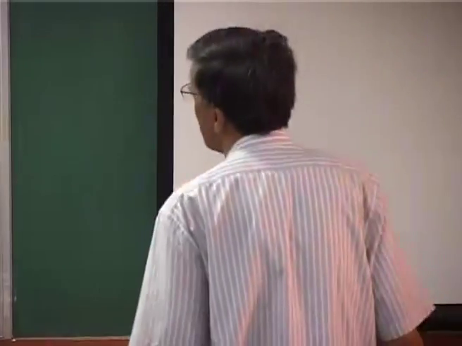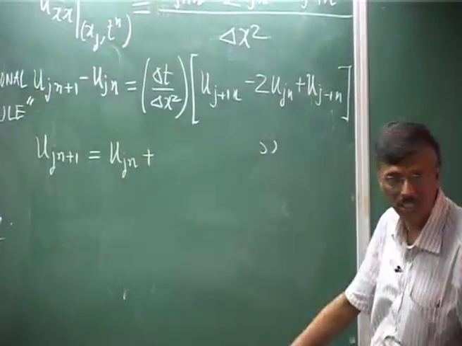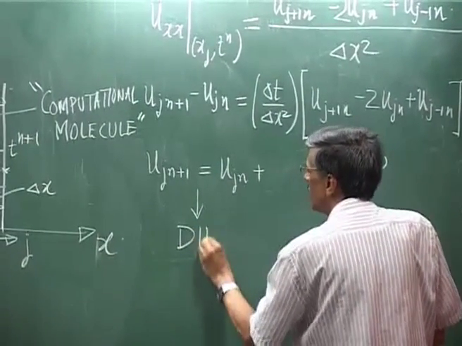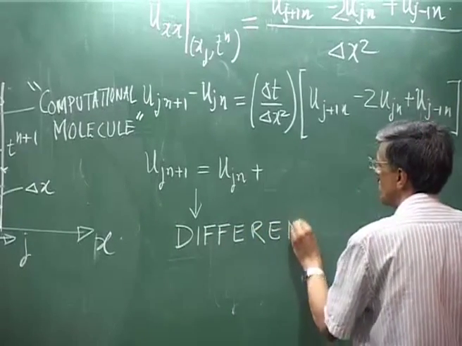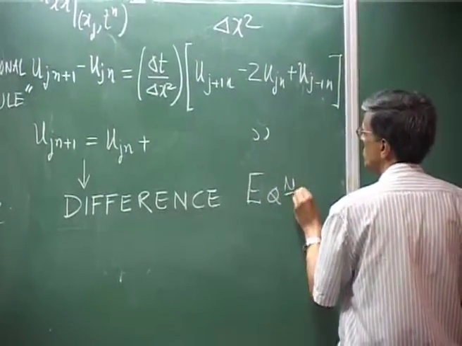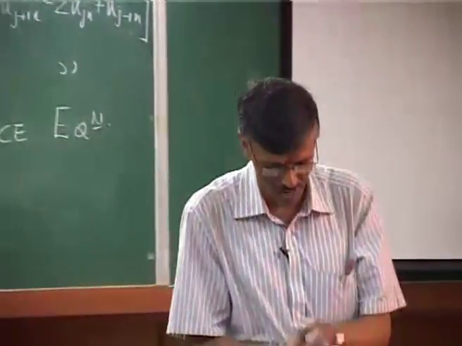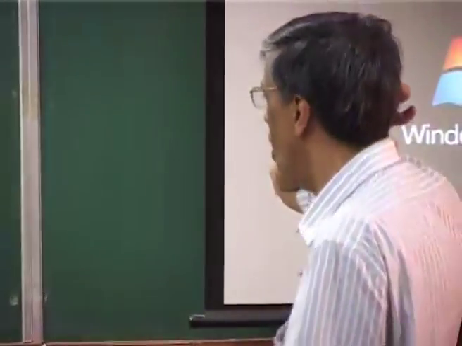Why are we willing to pay the price? You can see there are certain features coming out of this difference equation. This computational molecule written like this is also called the difference equation. So, from a differential equation you come to a difference equation, and what you also notice is that the difference equations are some kind of linear algebraic equations. That is what we have obtained.